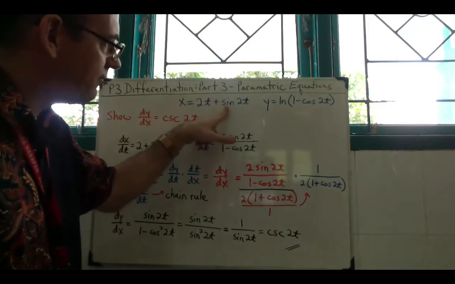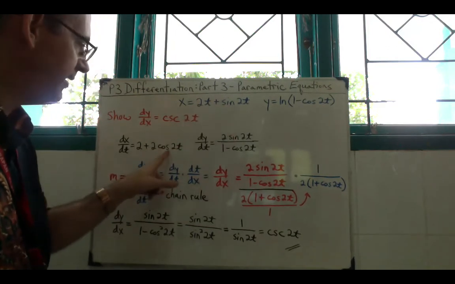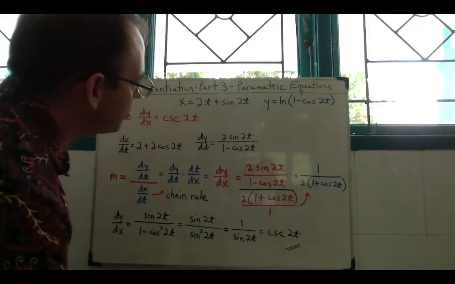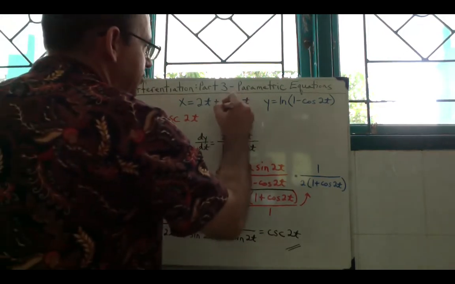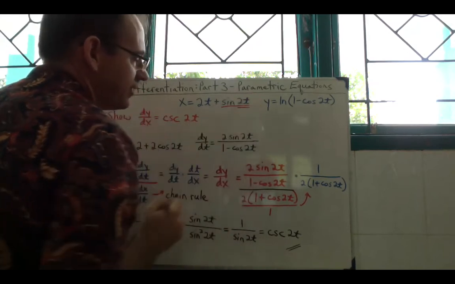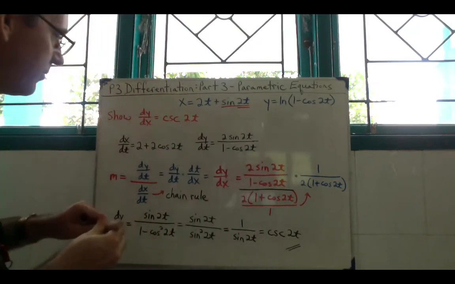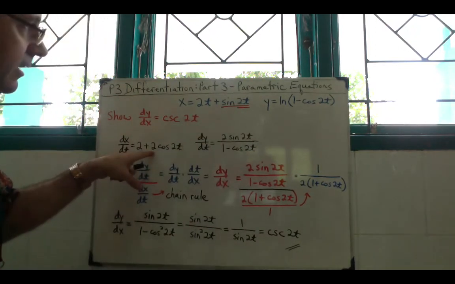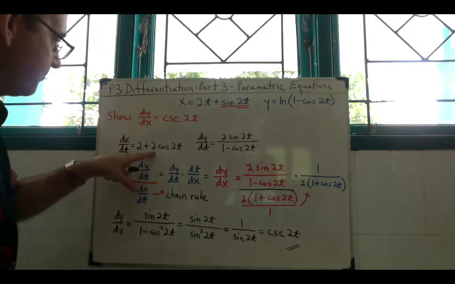The derivative of sine is cosine. You don't change the argument, but you do have to do the derivative of the inside. First you're doing the derivative of the trig function, then you're doing the derivative of the argument. That's where this 2 out in front comes from. The derivative of 2t is another 2.